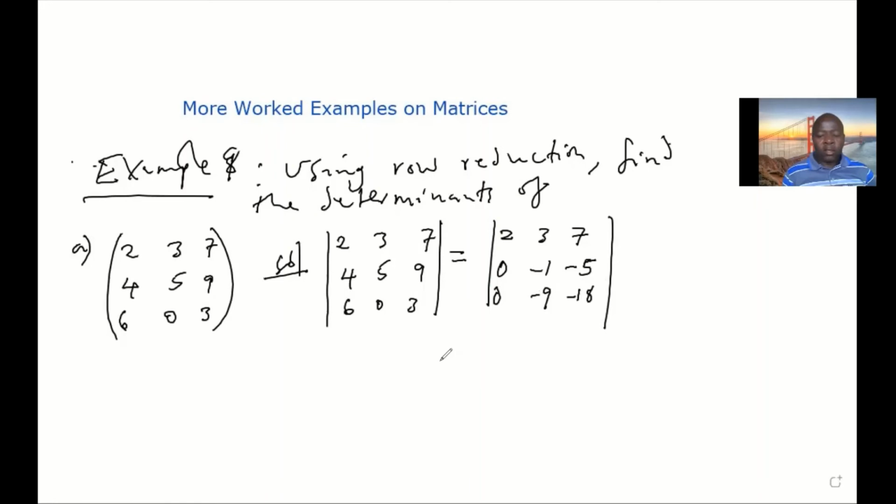What I want is to create a 0 in this position using this negative 1. So in other words, I want to multiply row 2 by negative 9 and add the result to row 3. Row 1 and row 2 remain where they are.